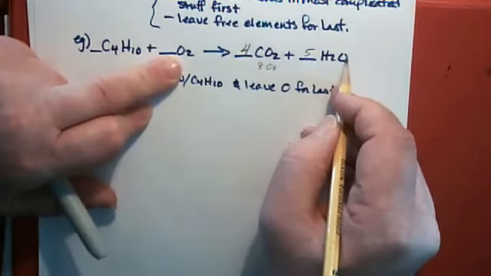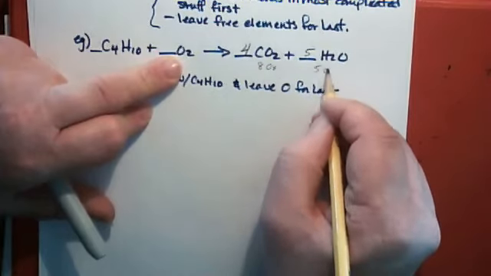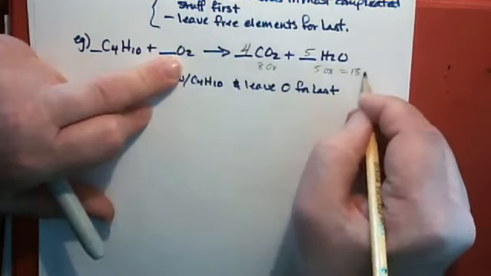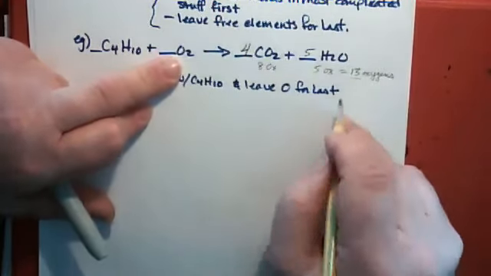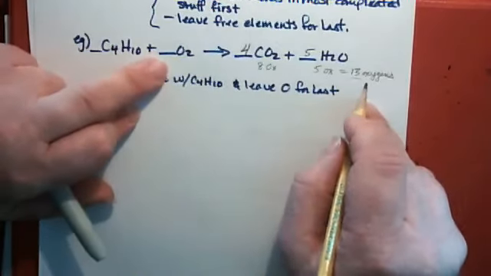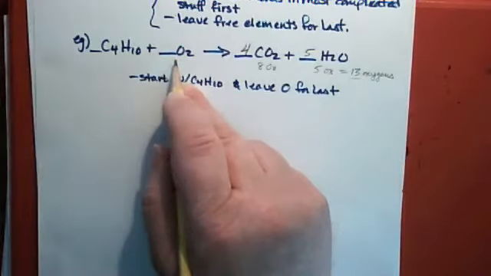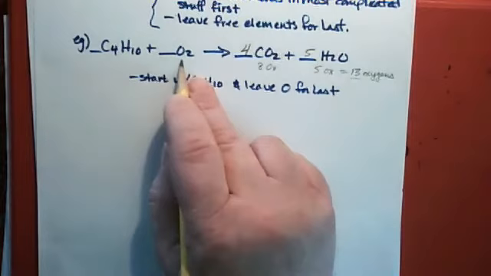And H2O has 1 oxygen each, and there are 5 of those. So that's 5 oxygens. That's 13 oxygens coming out. So we need 13 oxygens going in.